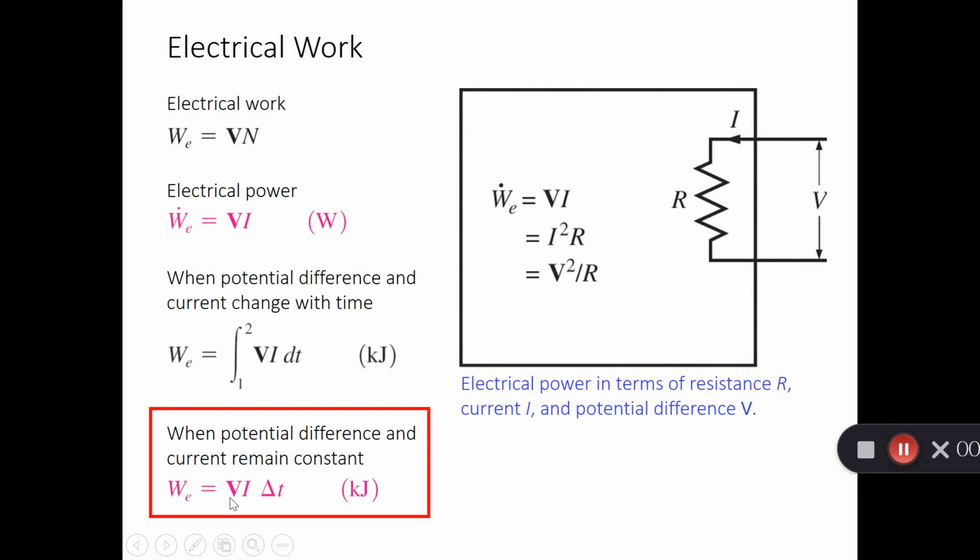Write that down too, because you might think this V is volume or velocity, and it's not. This is voltage. Times I is current, and delta t is of course time. And we know that voltage is in volts, current is in ampere, time here is in seconds. So those units, volt times ampere times second, will automatically give you the unit of joules. And of course we can divide it by 1000 because we always use kilojoules here, right?